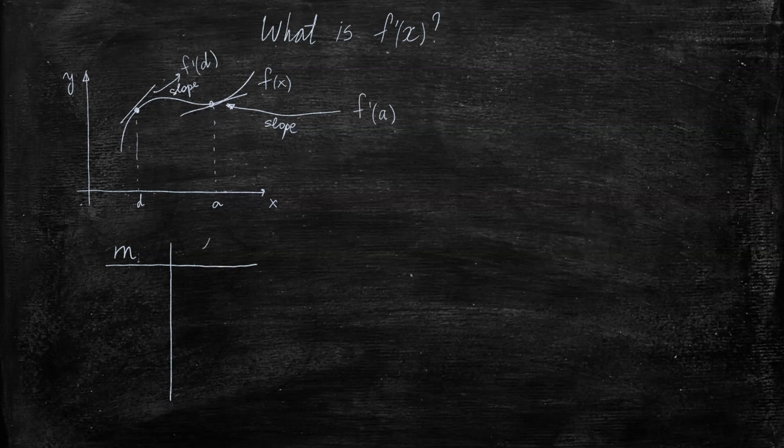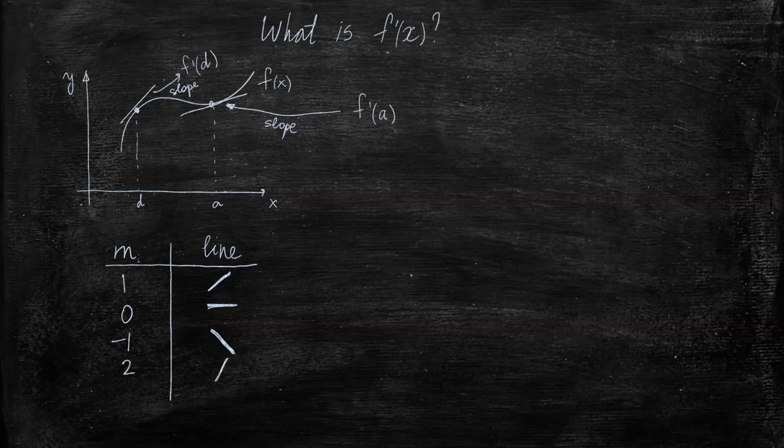So if we have a slope that is equal to 1, then the line will look like this. We use the formula rise over run to figure out the shape. If the slope is 0, then the line is horizontal and it looks like this. If the slope is -1, then the line looks like this, and so on. For any value of the slope, we should be able to figure out the shape of the tangent line.